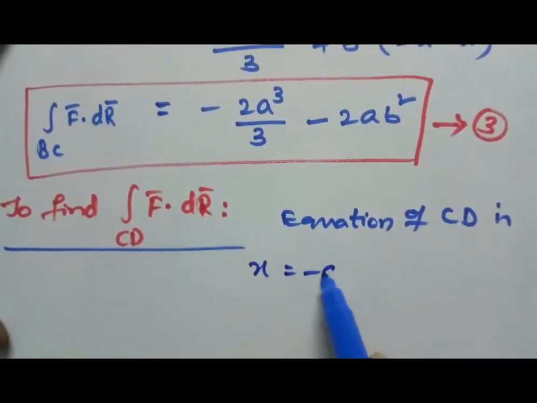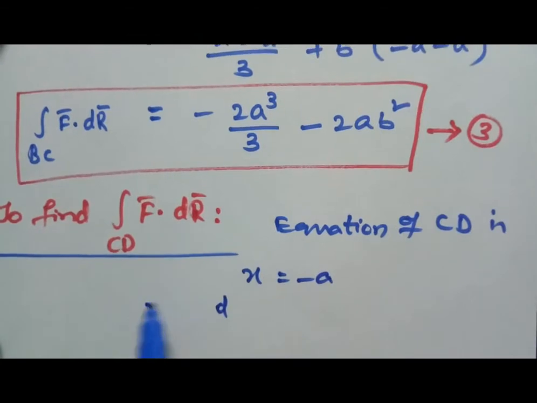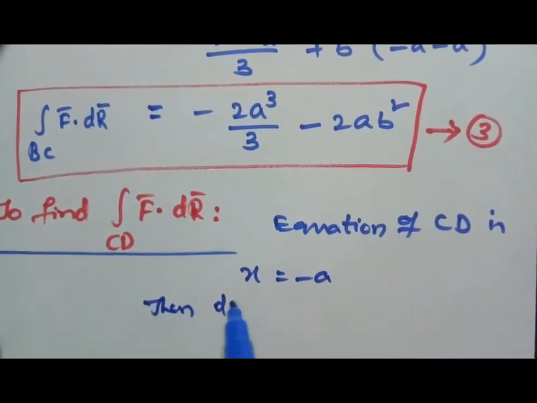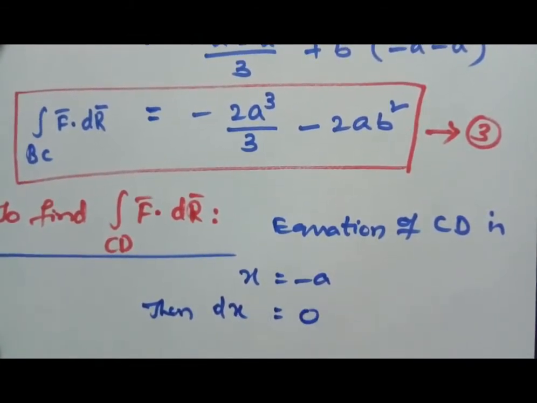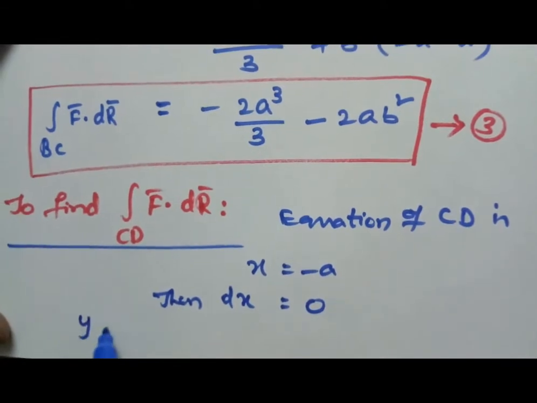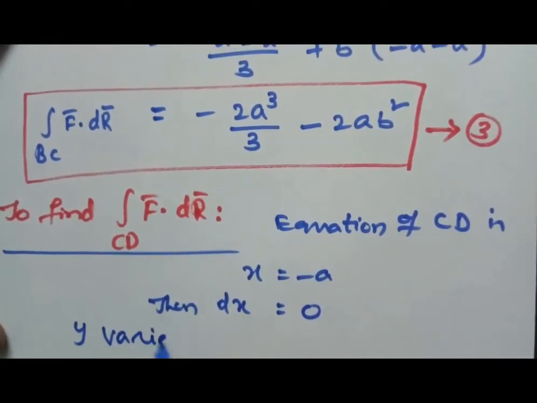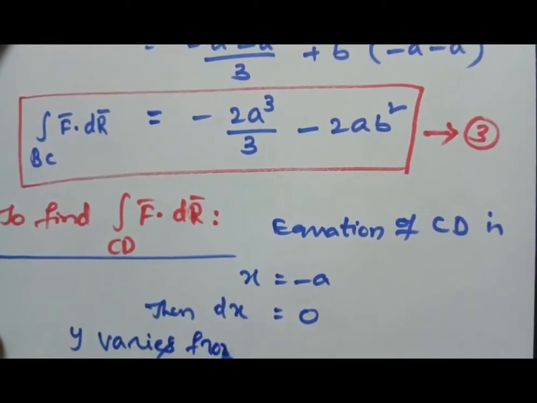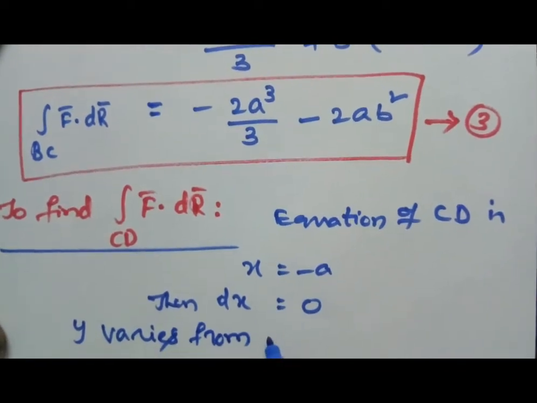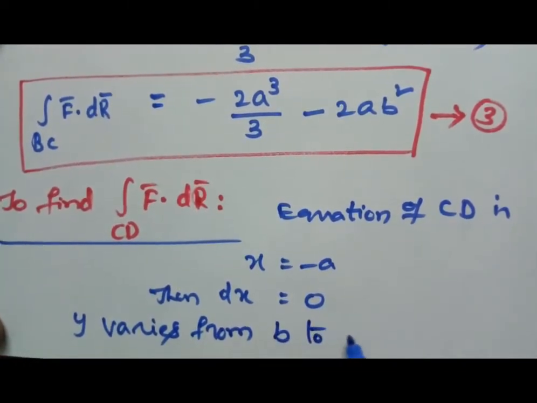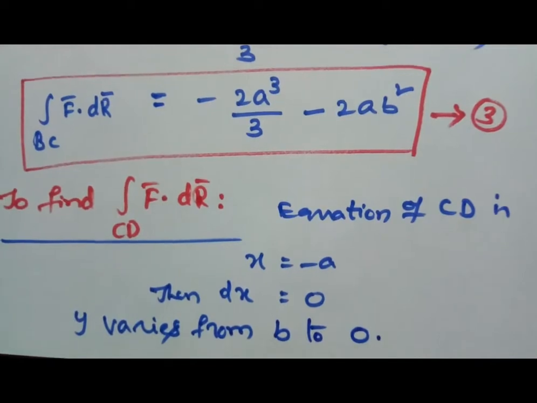X is equal to minus a. Therefore, differentiating on both sides, dx is equal to 0. Y varies from b to 0.